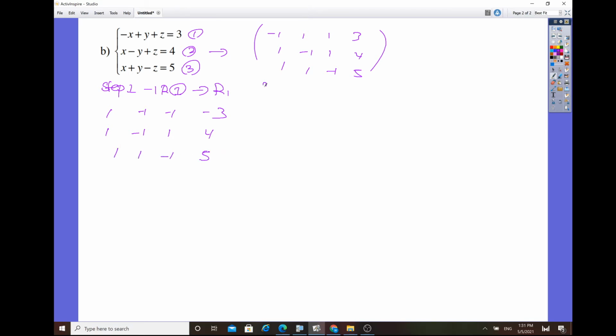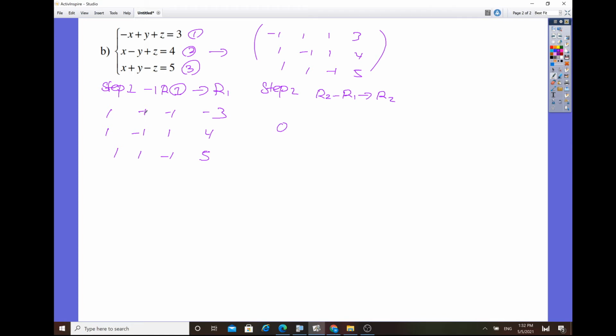Next thing that you want to do, convert the second row, the first entry, to 0. So what you can do here, subtract row 2 and row 1 and then put it into row 2. So 1 minus 1, 0.